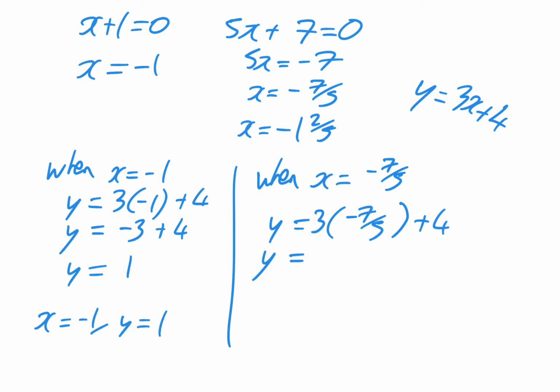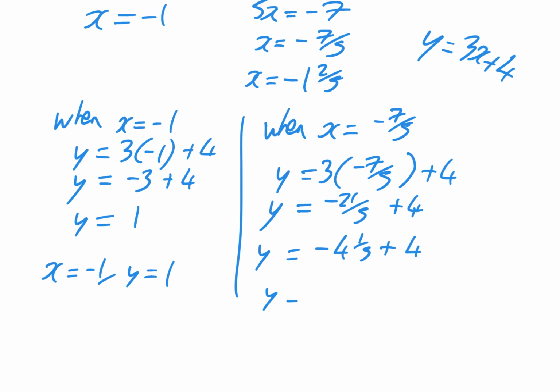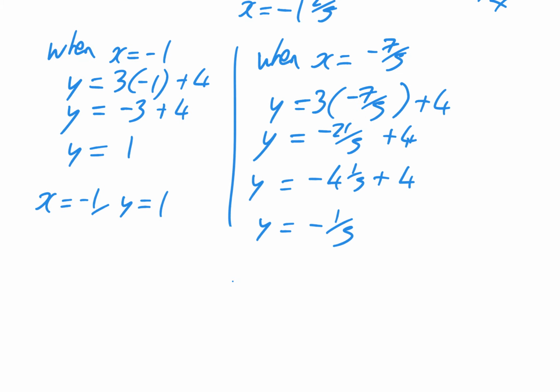So that's y is equal to minus 21 over 5 plus 4. And I will write that as minus 4 and 1/5 plus 4, which is just going to be then y is equal to minus 1/5. So my second answer is x is equal to, I'll write it as a mixed number then, minus 1 and 2/5, and y is equal to minus 1/5.